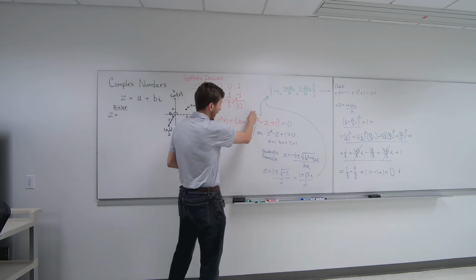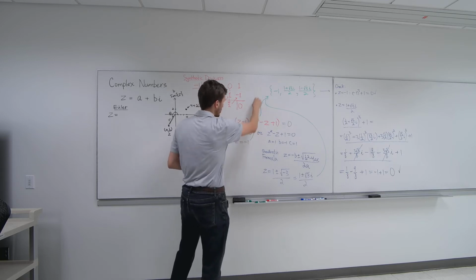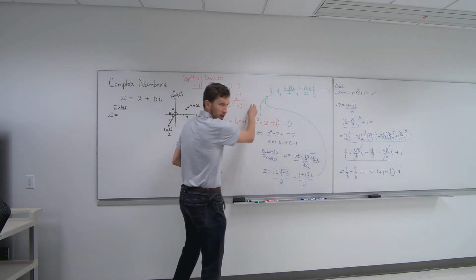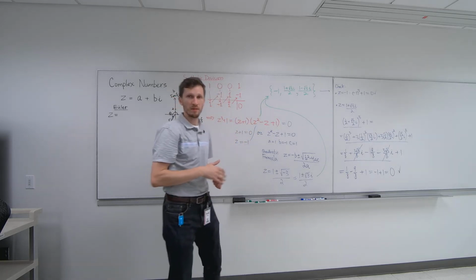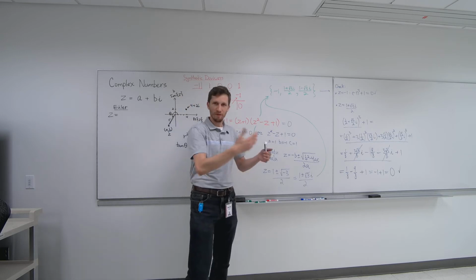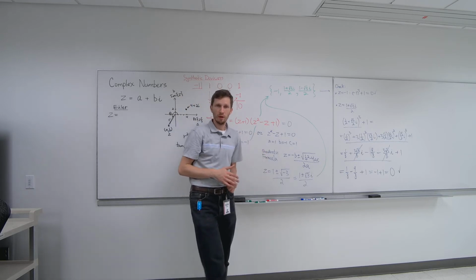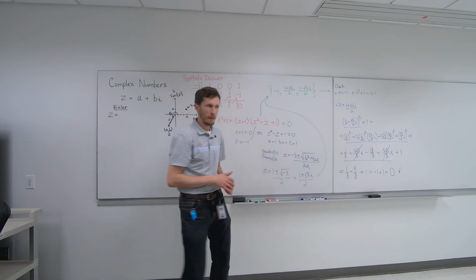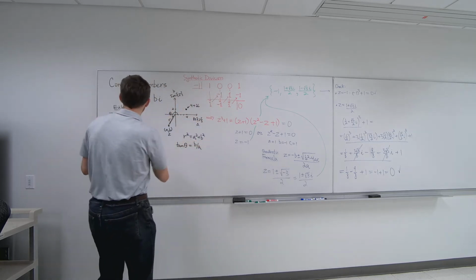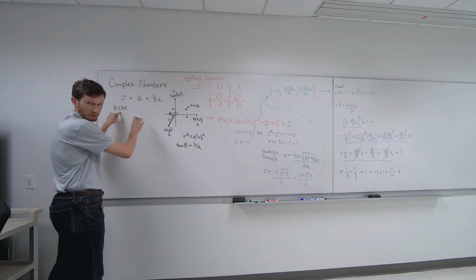You have Euler, Lagrange, Poisson, Laplace, they're all there. My advisor was a French mathematician, Robert Azencott. It's a really cool guy. It's one of my favorite mathematicians.